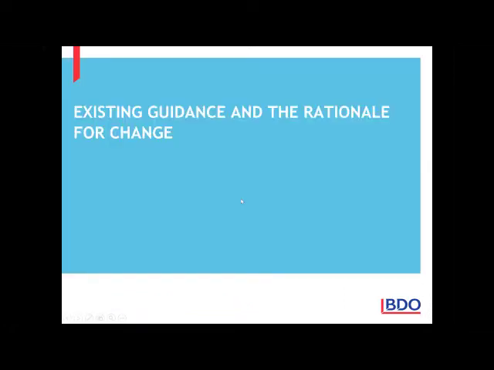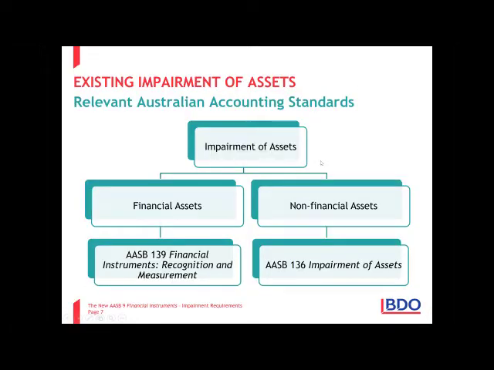So let's look at AASB 139, the current AASB 139, looking at impairment of financial assets. So the existing guidance and why do we need change? Now, first of all, I think one of the big issues around impairment of assets is that we find that a lot of clients and our own partners and staff apply the incorrect accounting standard.